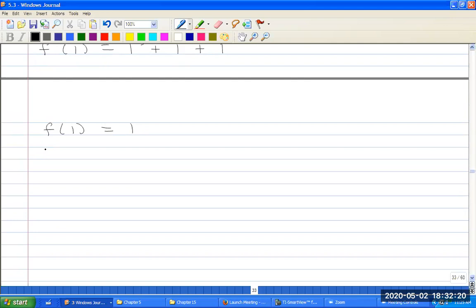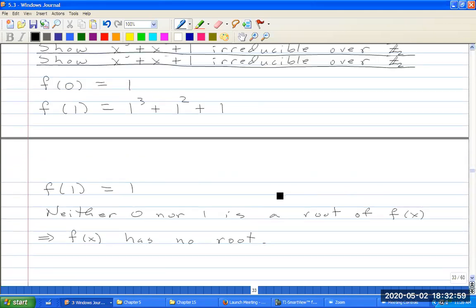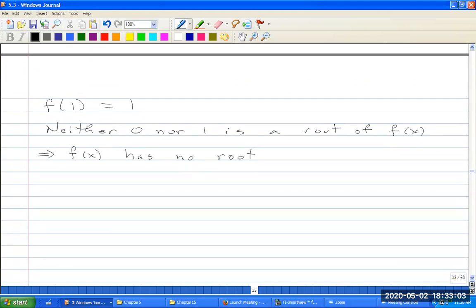And so neither 0 nor 1 is a root of f of x. Therefore, f of x has no roots in Z2.